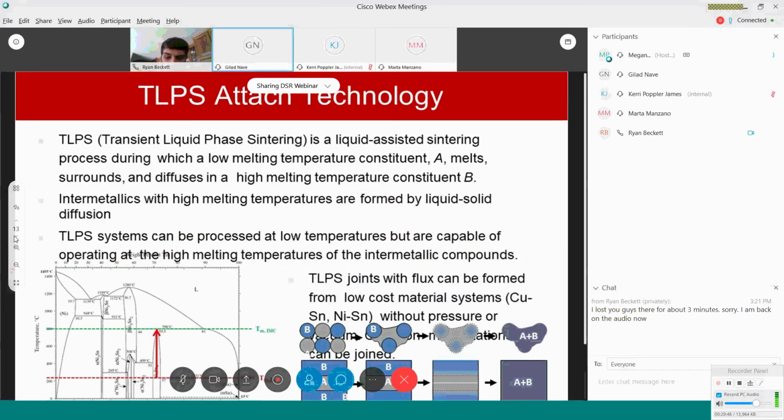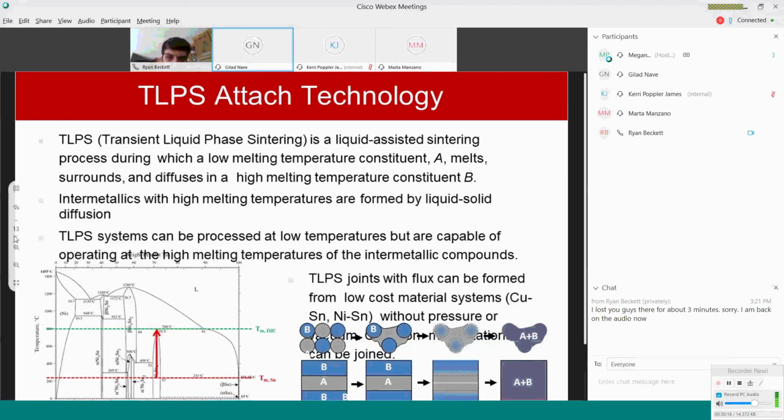So we have programs where we're actually looking at new solder technology. One of the things we've done is we've taken a look at materials that are very similar to the metals that used to be used for dental fillings and cavities. What we do is we take two metals, one that's high temperature and one that's low temperature.